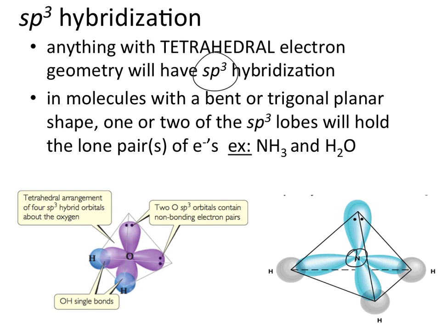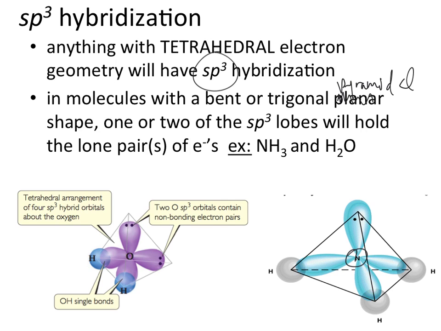Okay, so it doesn't matter if your molecule is bent or trigonal pyramidal, sorry, it should be pyramidal, in shape. In those situations, 1 or 2 of your sp3 orbitals is actually going to hold a lone pair.